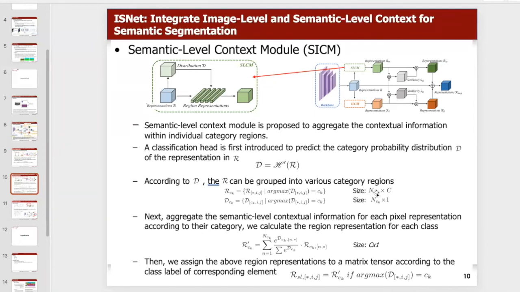The N sub CK denotes the number of representations that belong to the category CK. N sub CK represents the number of representations that belong to this category.